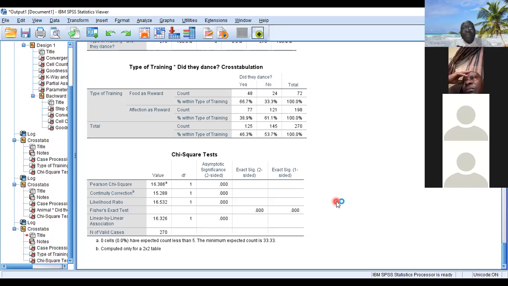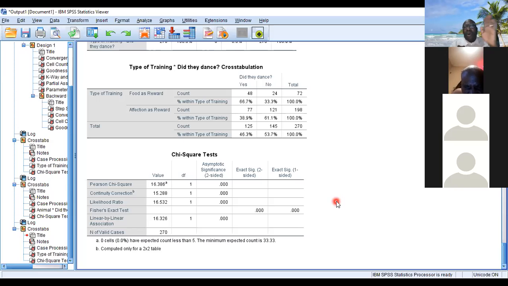Here, what I want us to look at is which one makes animals dance more: food as reward or affection as reward? Food as reward. Can you see food as reward? But you know there is a confounder here, and the confounder is the animal.